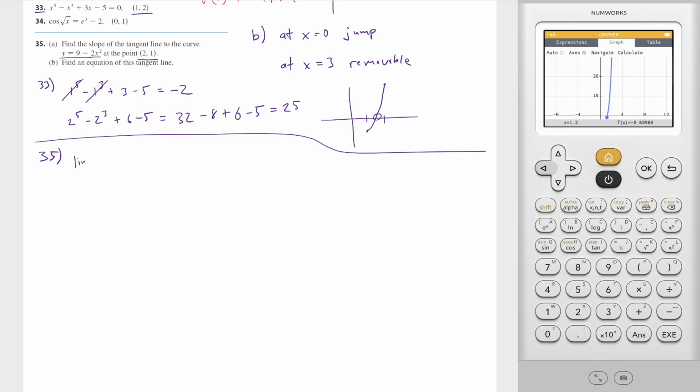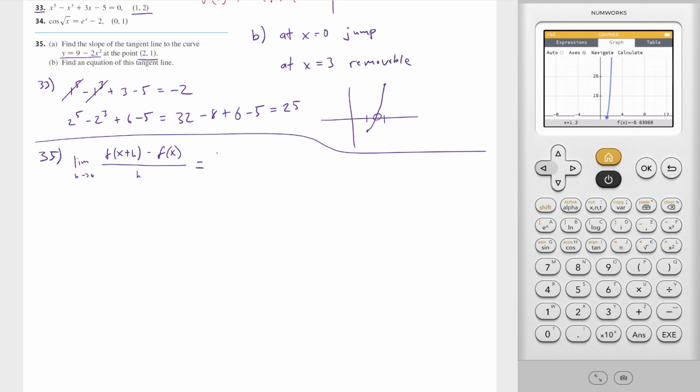So the limit as h goes to 0 of f of x plus h minus f of x divided by h. And I'm just going to go ahead and plug in 2 for my x value.